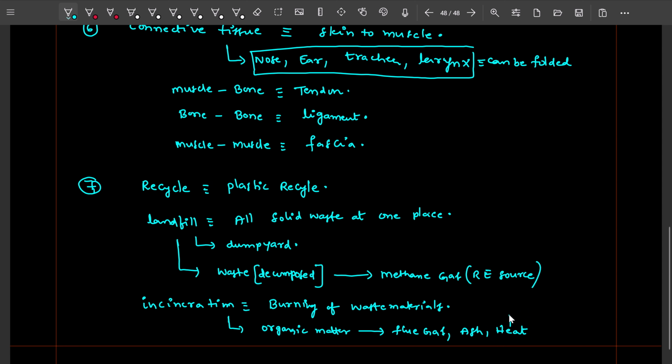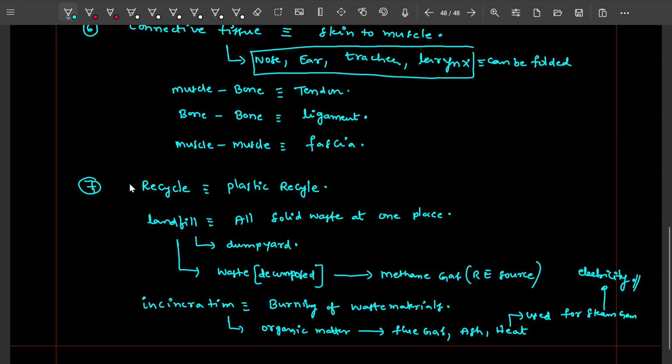This heat is used for steam generation, and this steam is used for the generation of electricity.